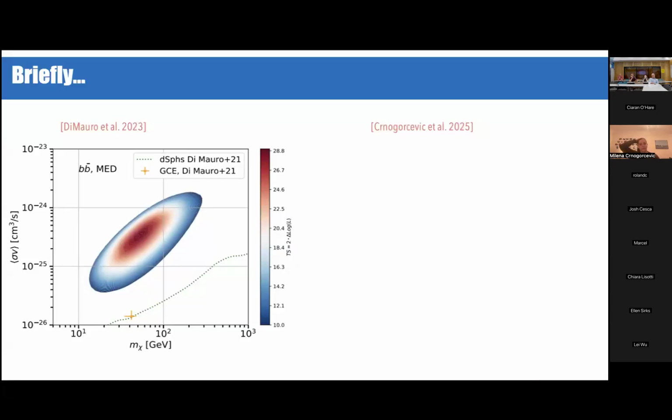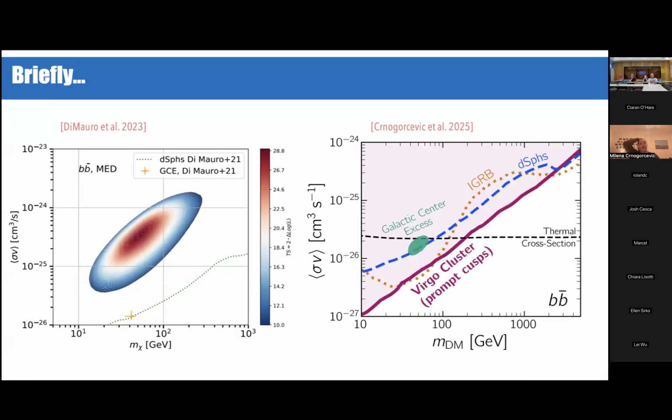Nevertheless, these efforts have been completed, and I want to emphasize the work by Di Mauro et al. in 2023, where they report a marginal detection of gamma rays from galaxy clusters and indicate the dark matter mass range that could potentially account for such an excess.